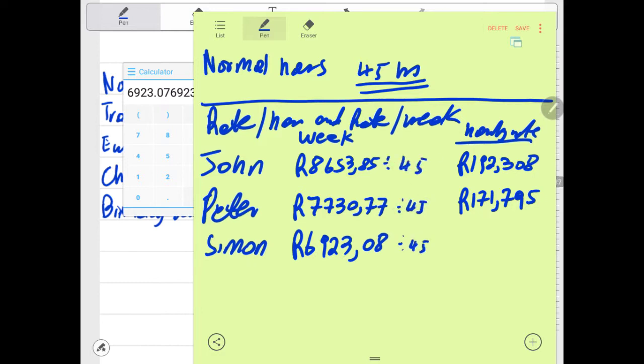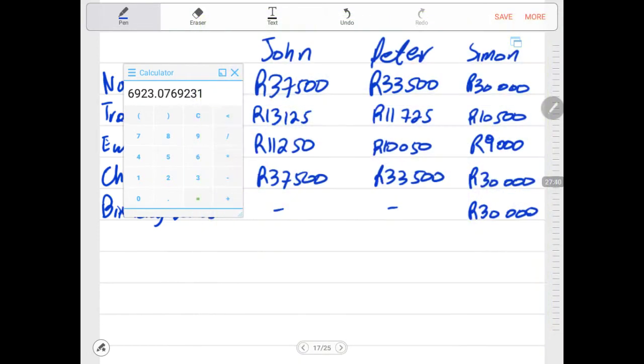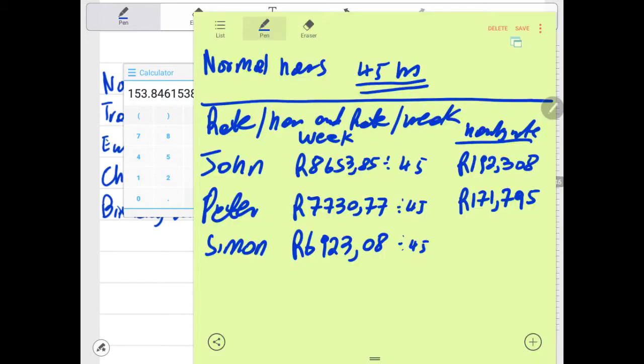Divide this by 45 hours, we get 253 rand 80 cents 846. So now these are the rates that we are looking for, the rates per hour.